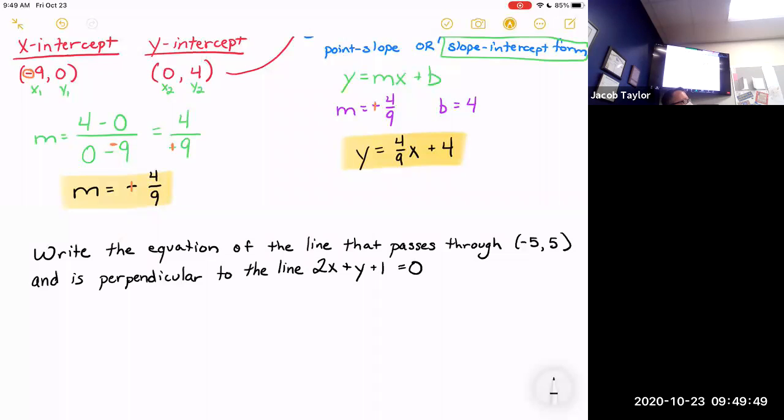So let me ask you a question that I have not asked you since the beginning of the last problem. What do I need in order to write an equation? Slope, and I would prefer the y-intercept, but I can get away with any point. Slope and a point is what I need.